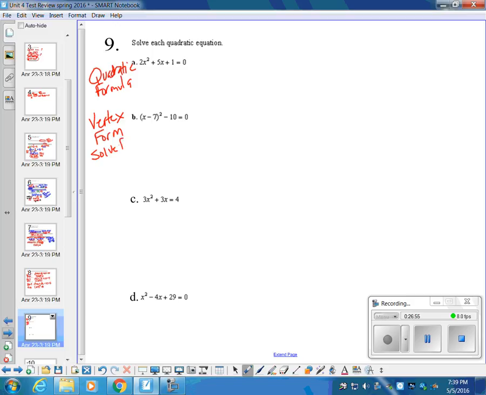Just solve for x. This one, we got to make sure it equals 0. But this is going to be quadratic formula. Let me rewrite that. The last one, quadratic formula.